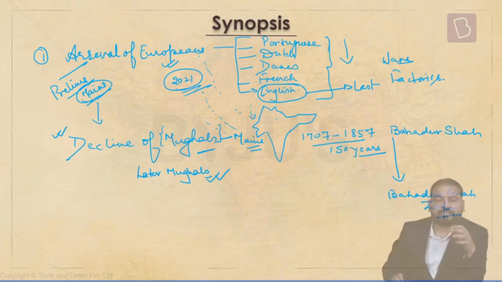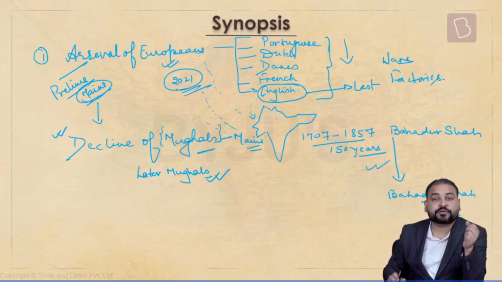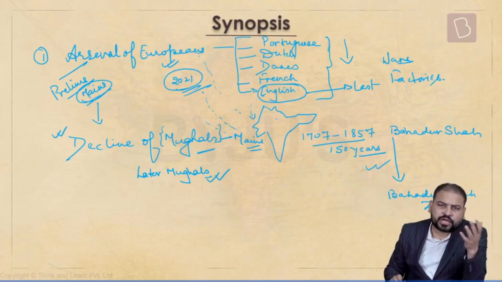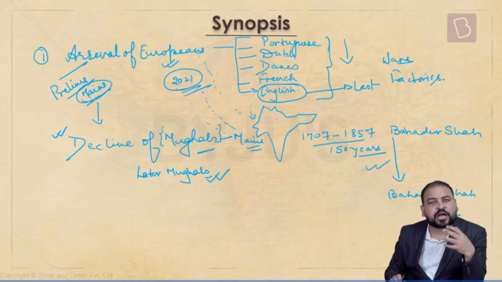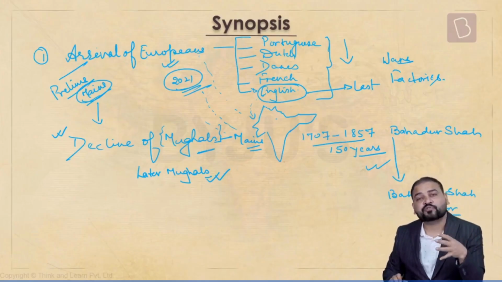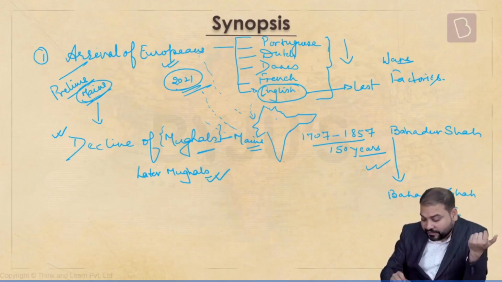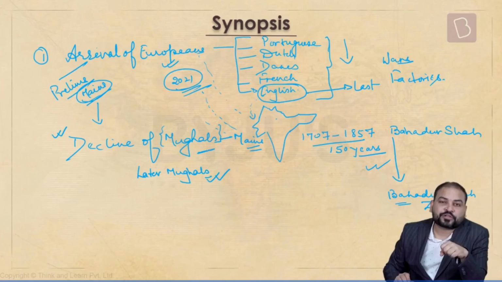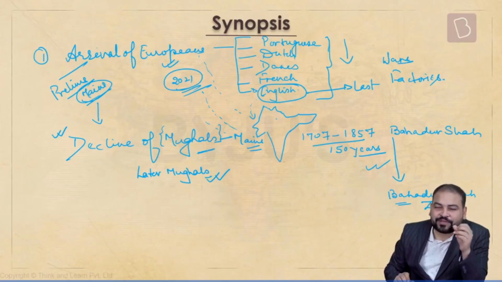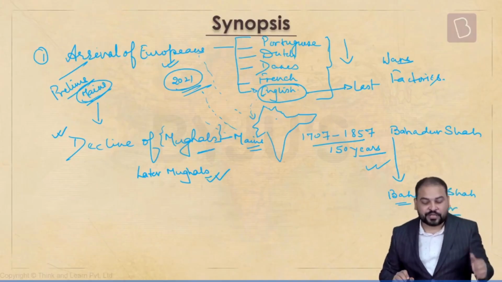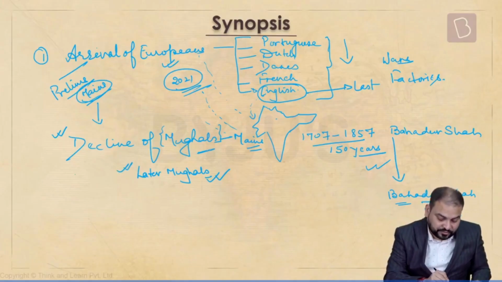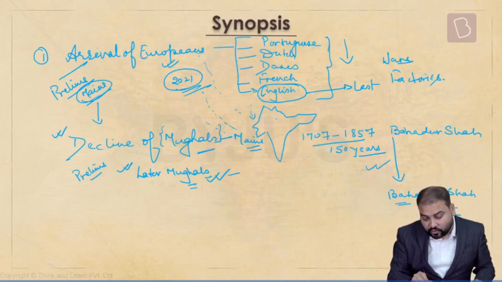So almost 9-10 rulers will be talked about here: Jahandar Shah, Farrukhsiyar, Muhammad Shah Rangila, Ahmad Shah, Alamgir II, Shah Alam II, Akbar II, and finally Bahadur Shah Zafar. The names are very bulky, their works will be very, very light. And trust me, UPSC can ask questions based on this in your prelims. And the knowledge of this will also help you in your mains.